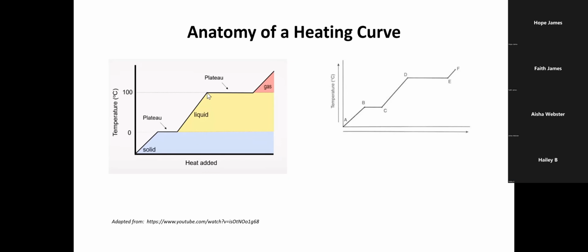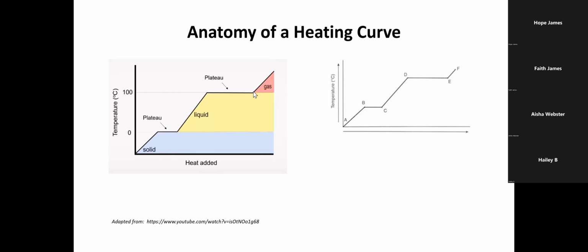And then at that point, when we add more heat, we add more energy. That energy doesn't go into raising the temperature. It doesn't go into kinetic energy. It goes into breaking the intermolecular forces that we've been talking about that hold the liquid molecules to each other. It breaks those intermolecular forces and turns our liquid into, well, the next phase, which is a gas phase.